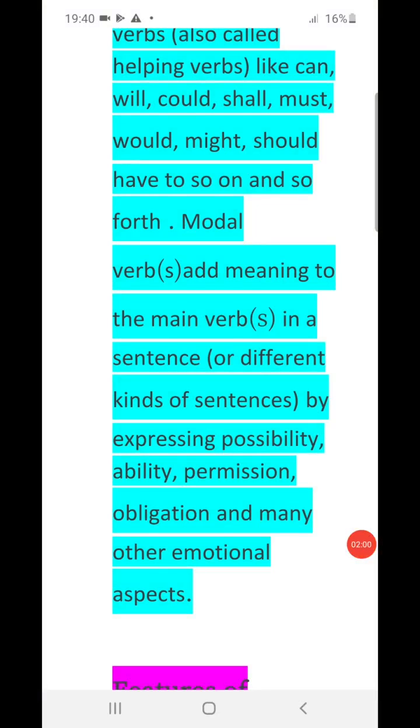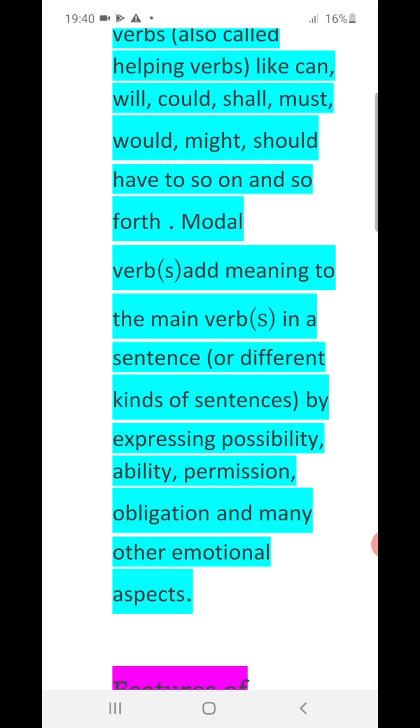So, different kinds of expressions have different situations or real conditions as such. For example, possibility. So, if anything is possible or not.